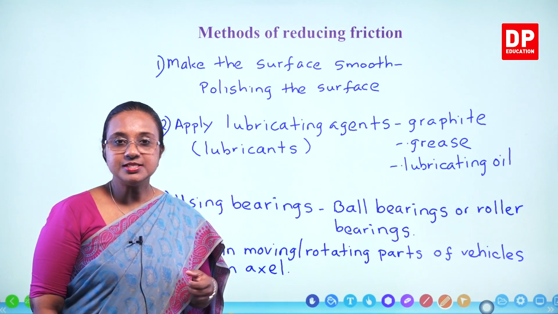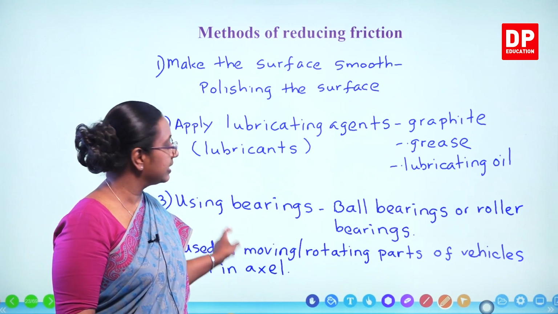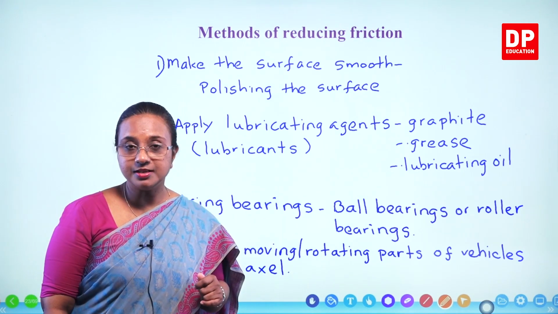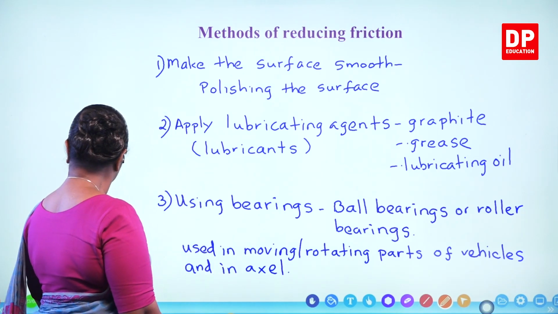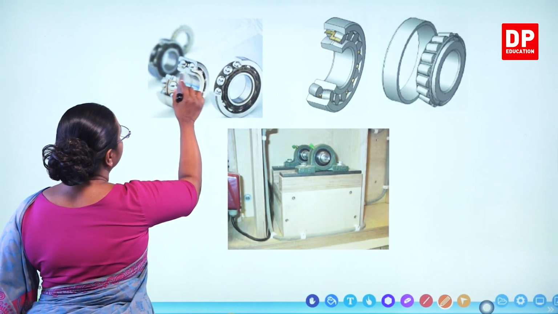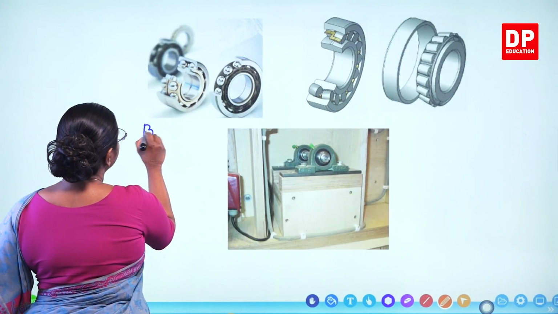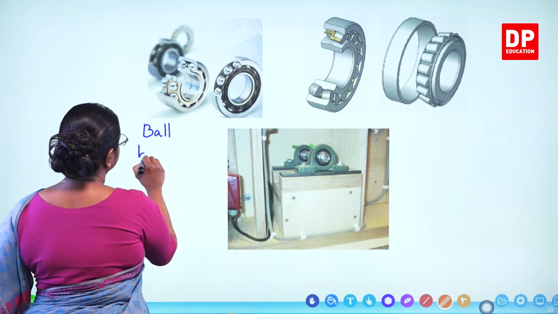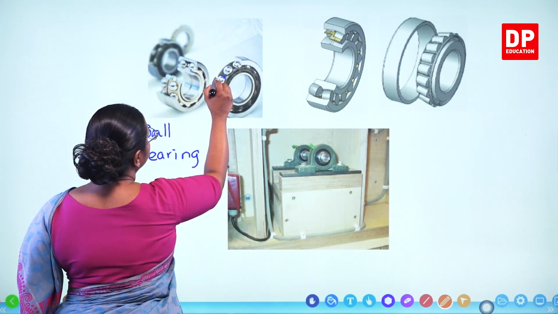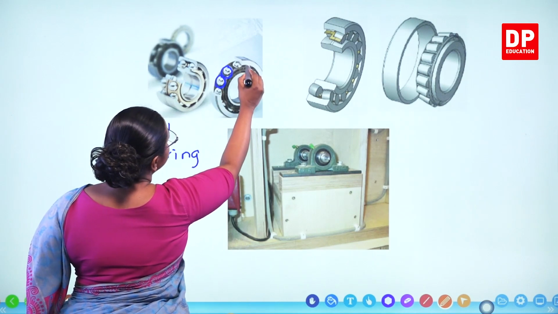So now students, let us look at these types of bearings that are used in different machines. In these pictures, you can see this is what we call a ball bearing. Here there are small balls inserted between.